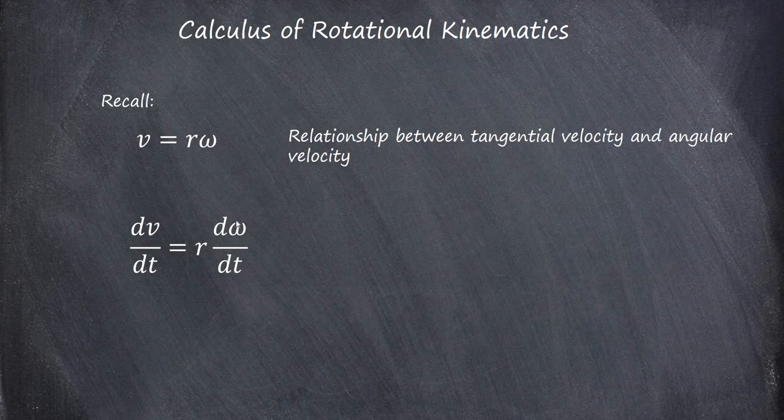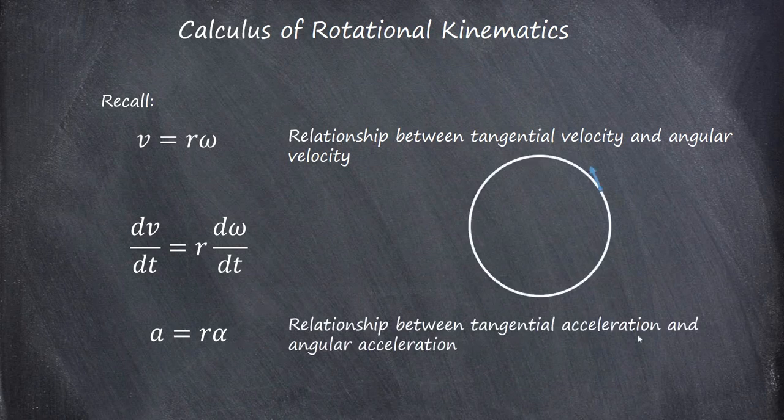Well, that follows that our angular velocity is also changing and is a function of time. So we can get the derivatives, and we can use our previous formulas that we derived using calculus to come up with another formula, the relationship between the tangential acceleration and the angular acceleration. They look similar, right? v is equal to r omega, a is equal to r alpha. So just keep that in mind.